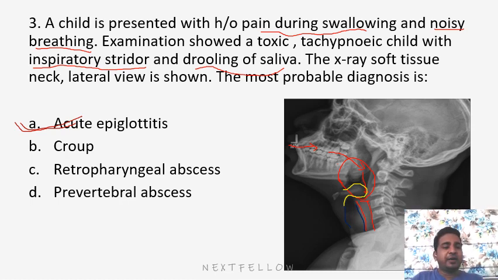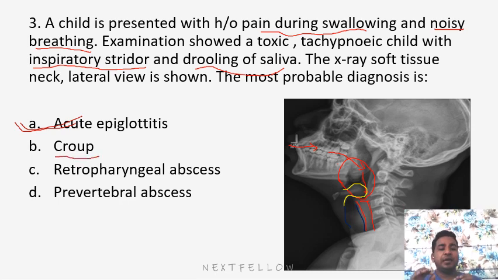What do we mean by croup? Croup is also known as laryngotracheobronchitis. That means the inflammation involves the larynx, trachea and bronchus. So in croup, the patient will not have this toxic look, because the patient can breathe in, but there will be inflammation in the trachea or bronchus, so a wheezing sound will be there.